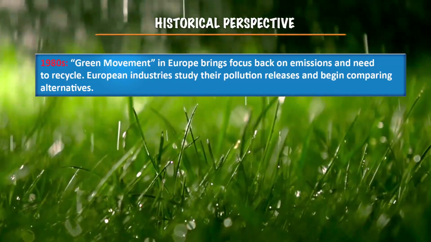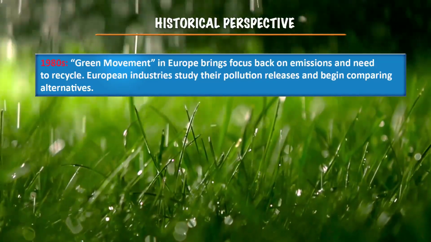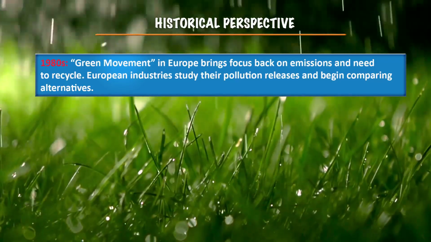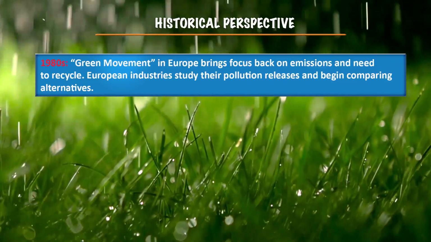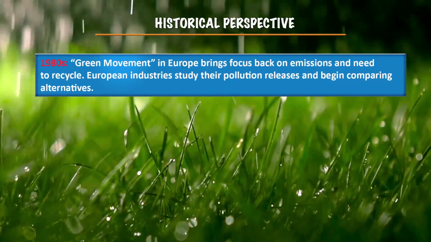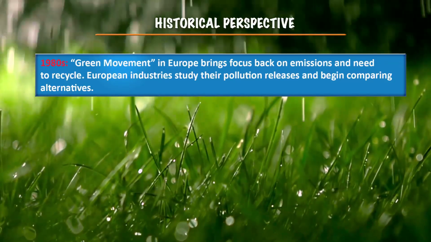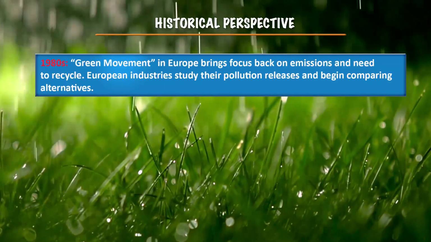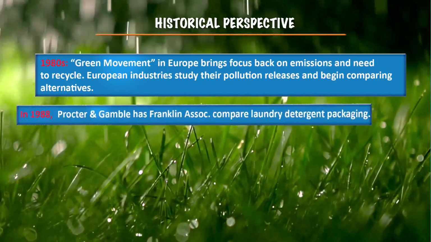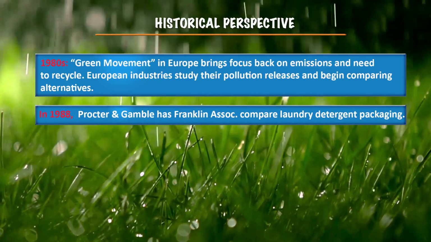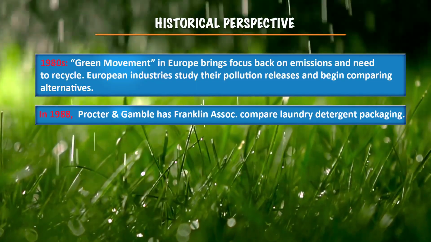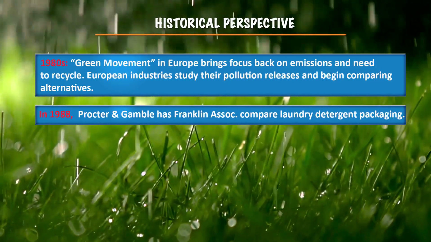In the 1980s, the green movement in Europe brought focus back on emissions and the need to recycle. European industries also studied their pollution releases and began comparing alternative methods. Procter and Gamble, with Franklin Associates, compared laundry detergent packaging.